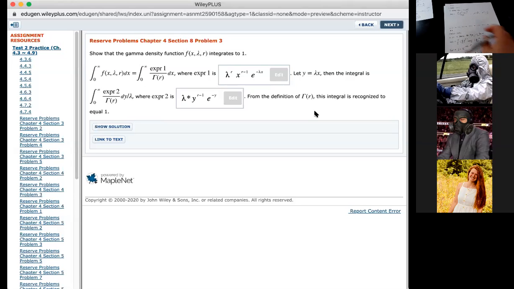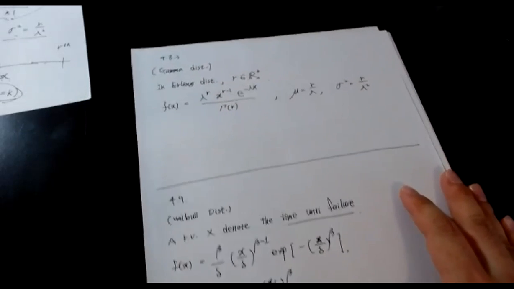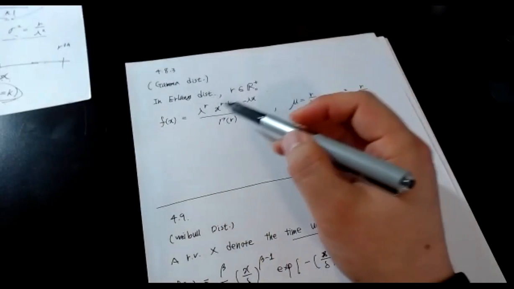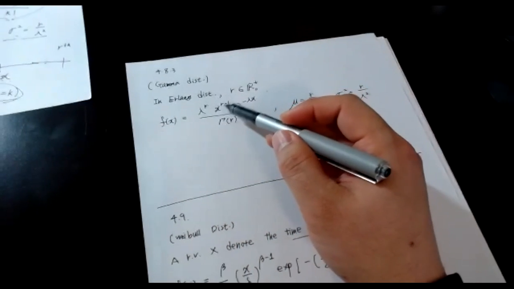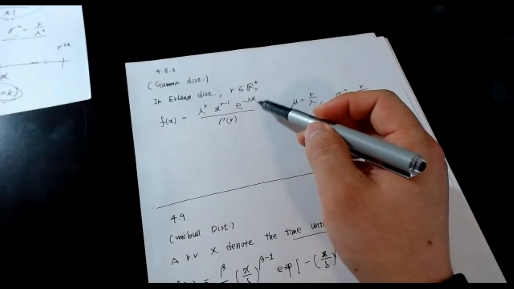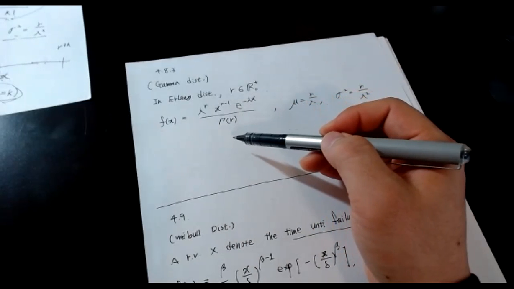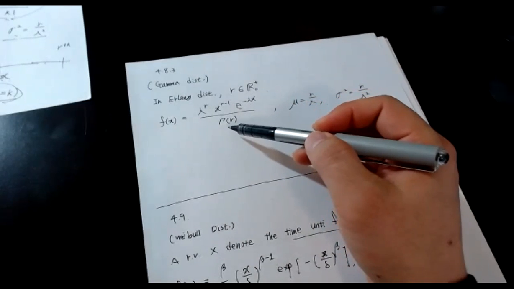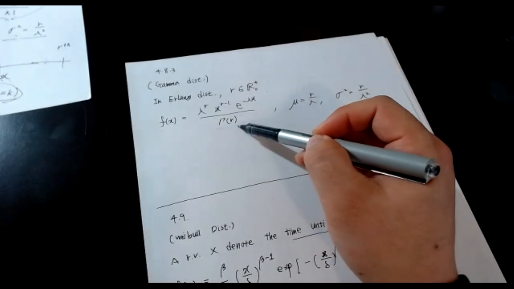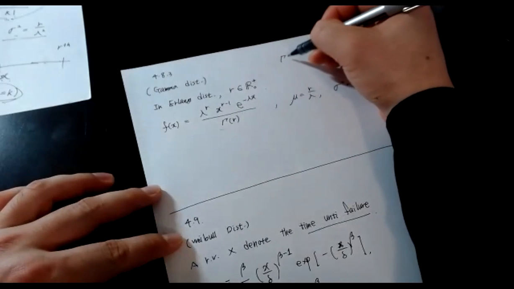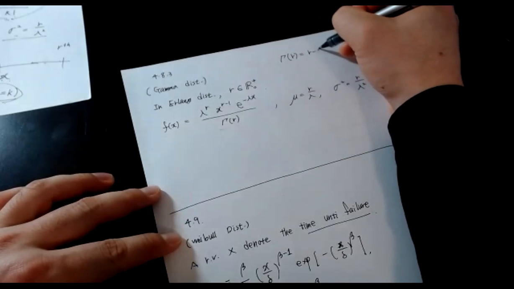So now in the gamma distribution, the PDF is lambda to the r's power, x to the r minus 1, times e to the negative lambda x, which is exactly the same as the numerator in the PDF of an Erlang distribution. The denominator is not r minus 1 factorial, it is gamma of r. Why? Because for the gamma function, gamma of r is equal to r minus 1 factorial.